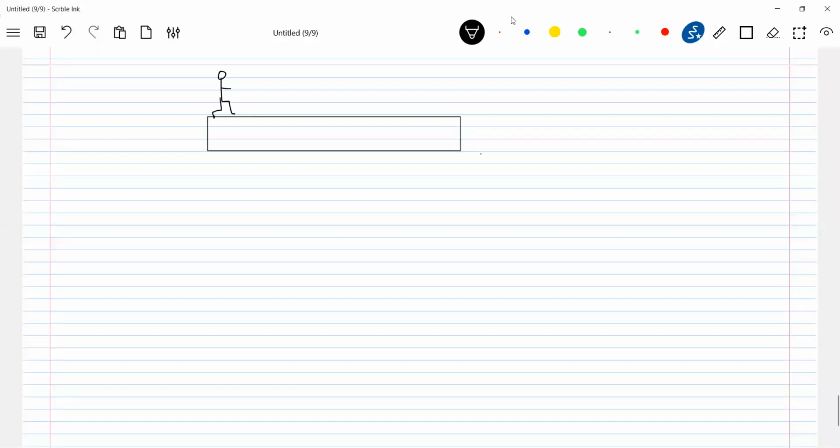Let a person walk on a plank. There is a person standing at one end. Mass of the person be m1, mass of the plank be m2, and the plank is kept on a smooth surface. Let L be the length of the plank.